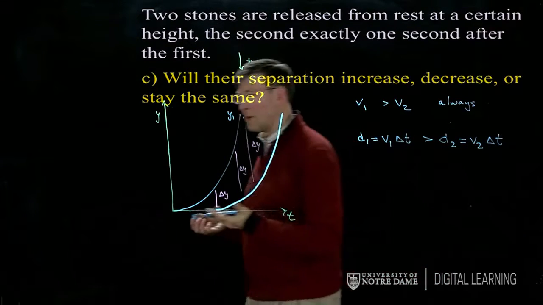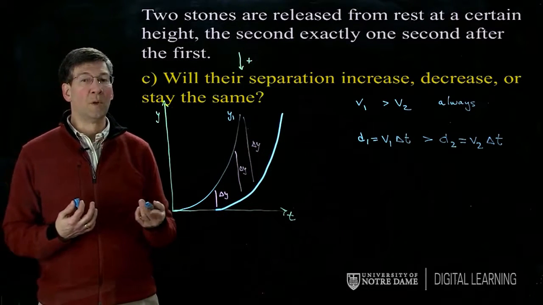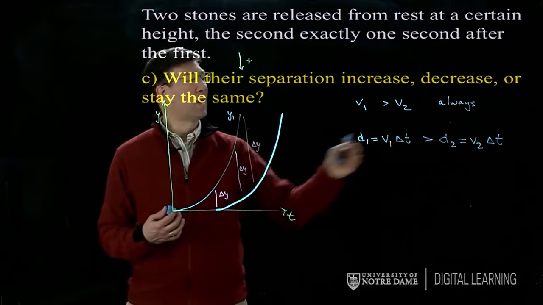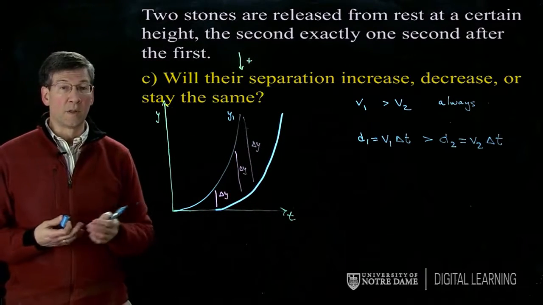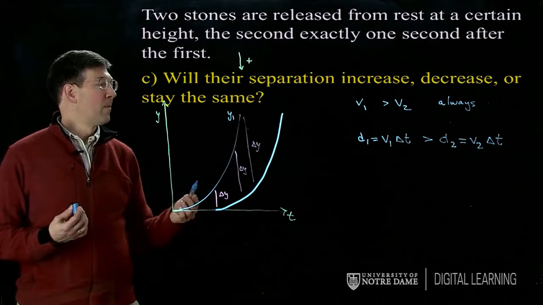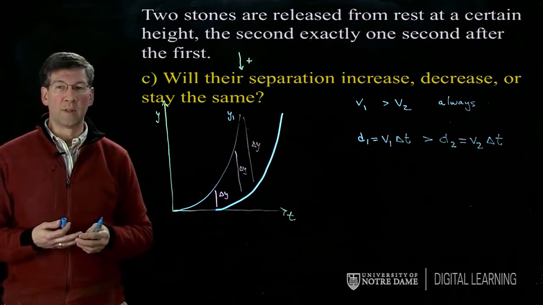So no matter what we do when these stones are falling, because v1 is always greater than v2, over any time interval, the distance that stone 1 has traveled is larger than the distance that stone 2 travels during the exact same interval. So that's always true, and so the separation between these two things only increases as they fall.